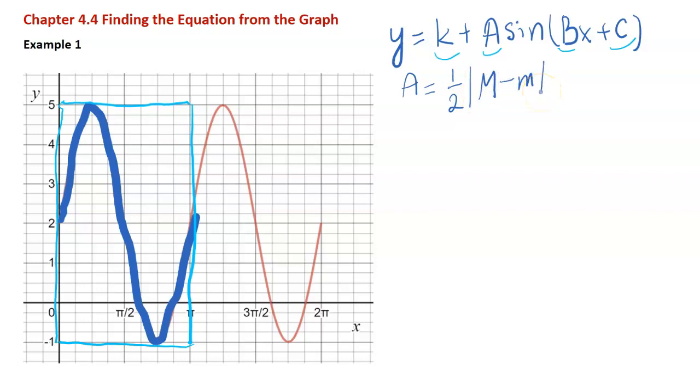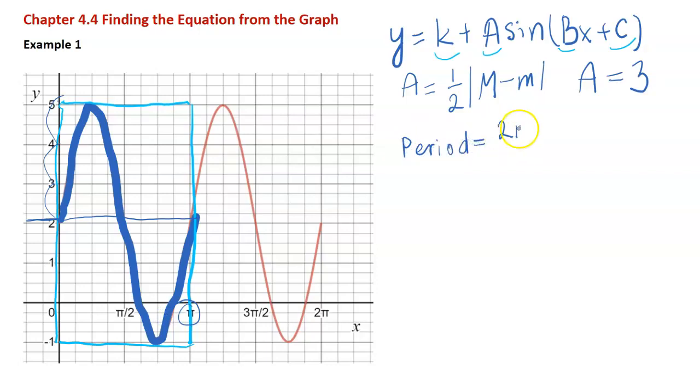So we can find the amplitude by using this equation or just by observing the graph. It ranges from -1 to 5, so a half of this distance is 3. A equals 3.